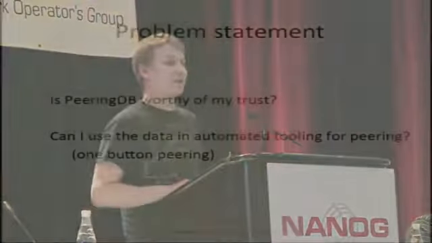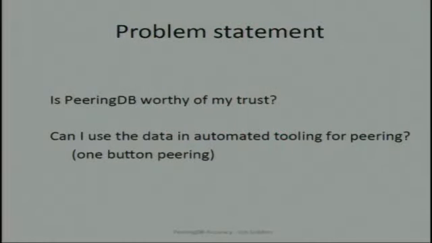Now, what we're going to discuss is the big question: how useful is the user-submitted data in PeeringDB? Can I actually just import the data and really run my tools against this and use it to semi-automatically turn up BGP sessions?